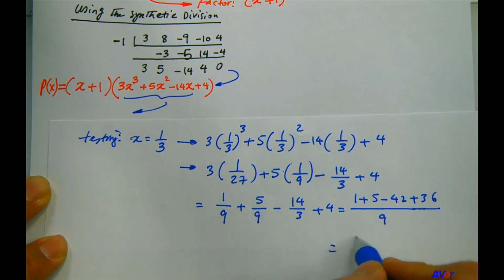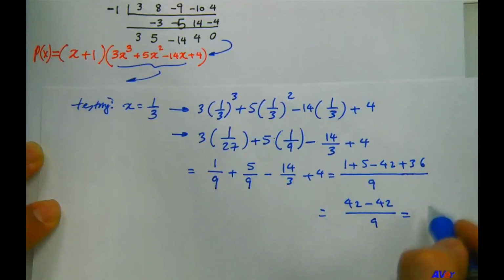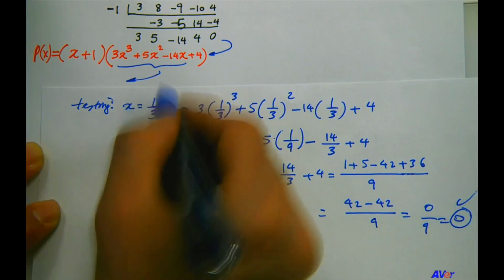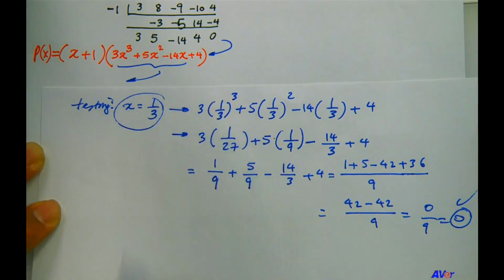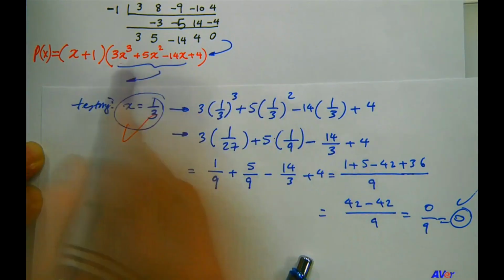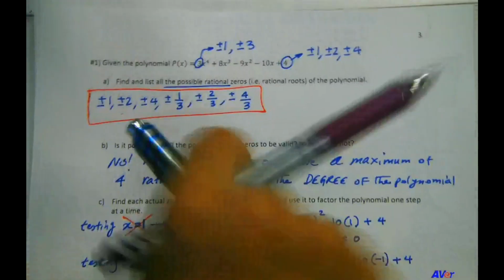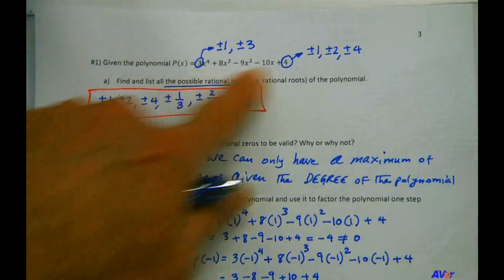So we have positive 42 minus 42 over 9, which is 0 over 9, which is 0. So it checks out. x equals 1/3 checks out because it makes this polynomial equal to 0. That means it'll make this original polynomial equal to 0 as well.